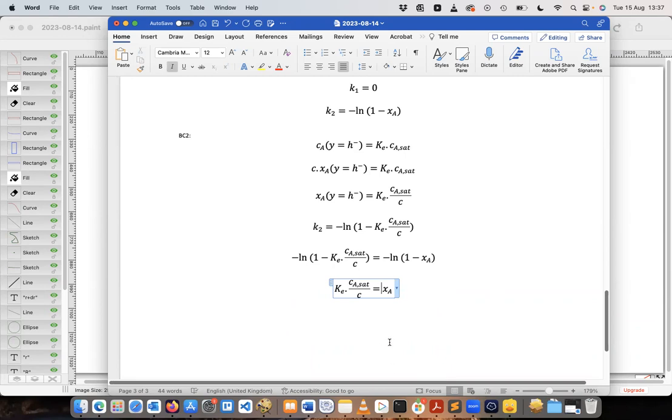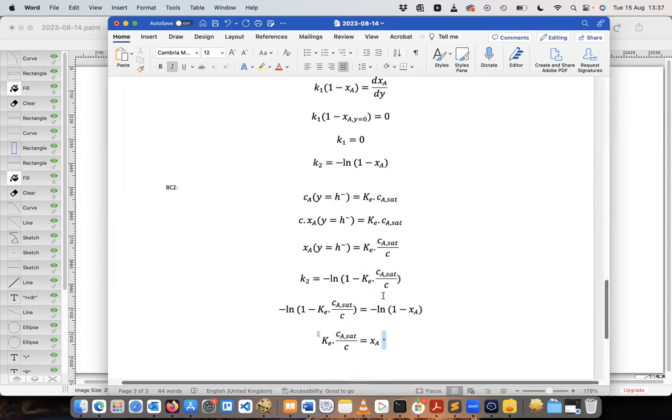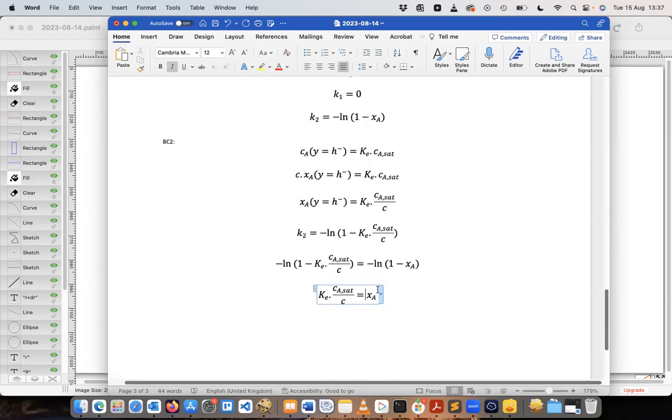So this equation is telling us that the mole fraction of water in the concrete is eventually, at steady state, going to be the saturation concentration adjusted for concrete.